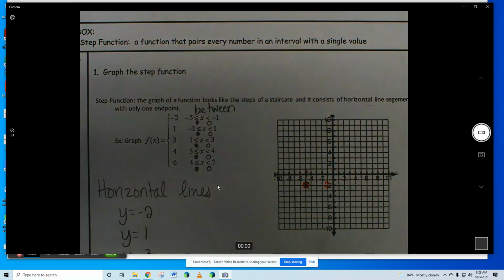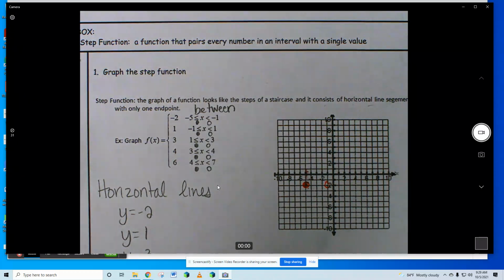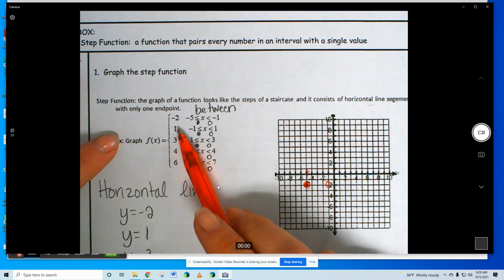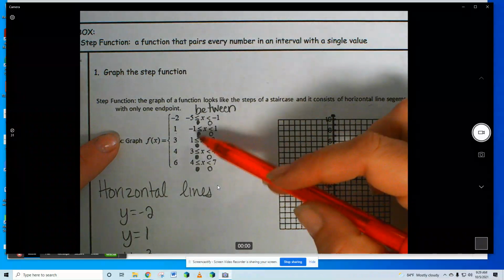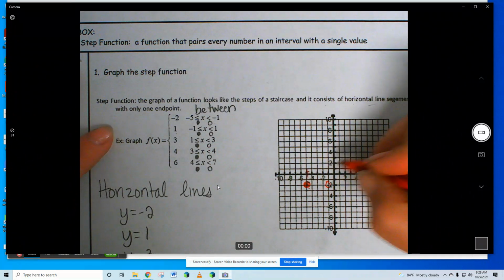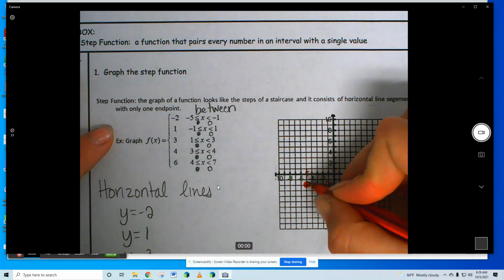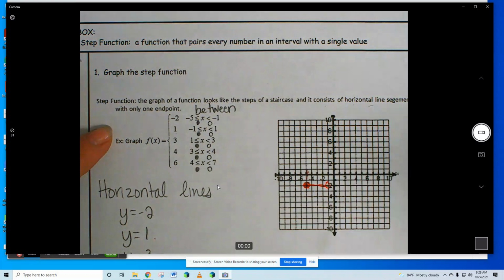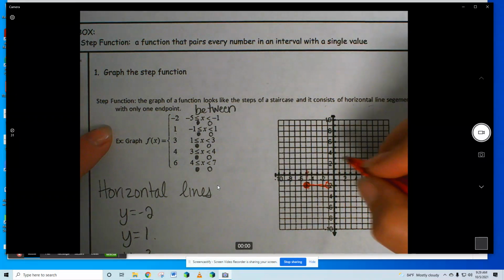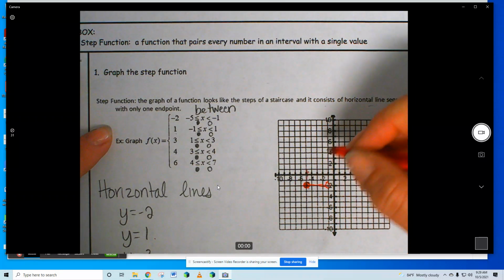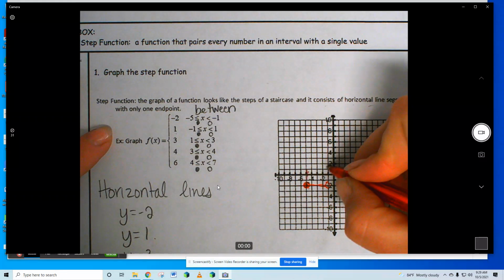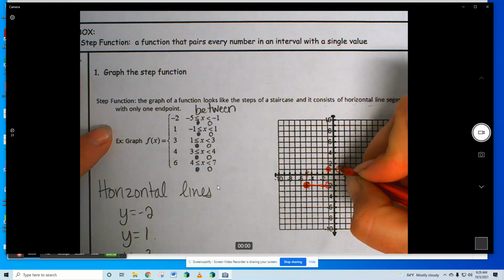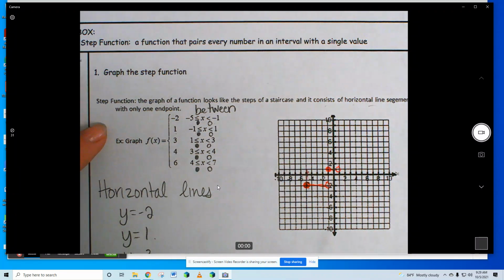Moving on. At 1, I can go in between -1 and +1. So draw a line connecting these, so it's like a step. At 1, y equals 1. It's a horizontal line between -1 and +1. The closed circle is at -1. So it looks like that.